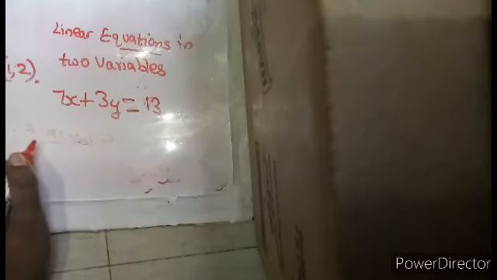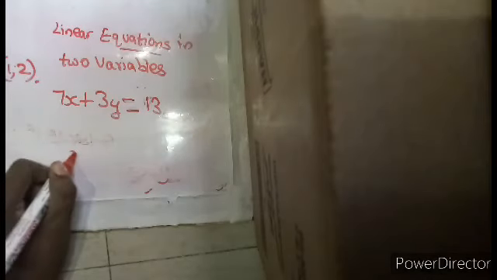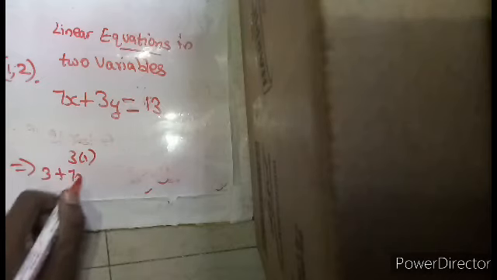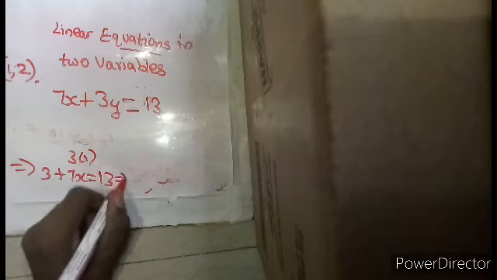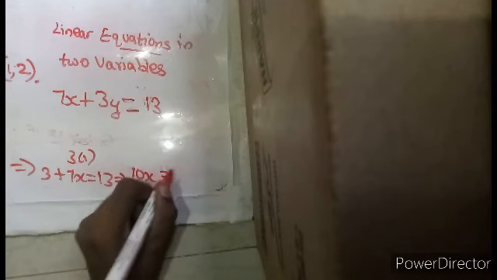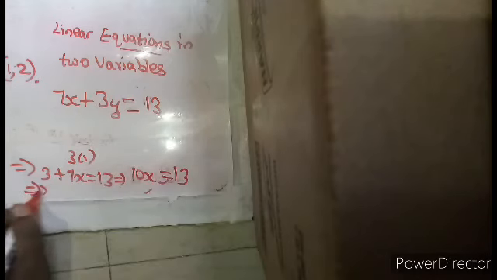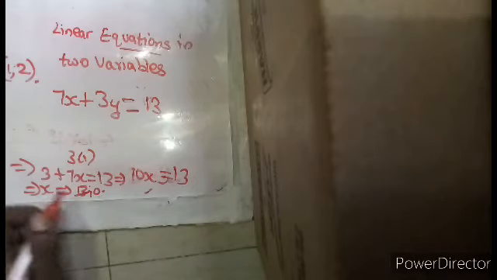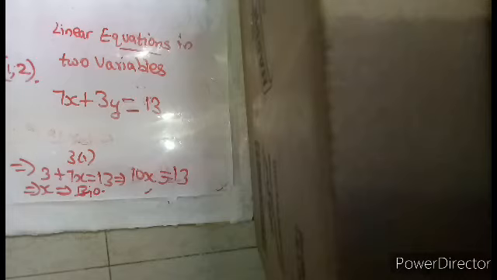So let's take y equal to 1. Then 3 plus 7x will be 13, and 10x will be 13. So x will be 13 by 10, which is 1.3. When we take it as 1.3, we get the other answer.